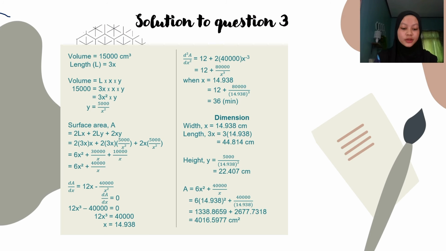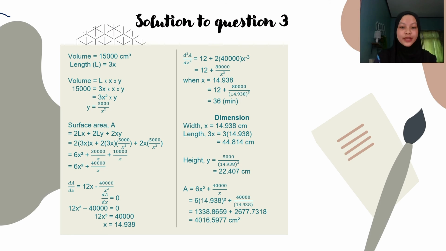So second derivative is you differentiate the first derivative, which is 12x minus 14,000 over x squared. So we differentiate 12x, we become 12, and differentiate 14,000 over x squared become 28,000 over x cubed.